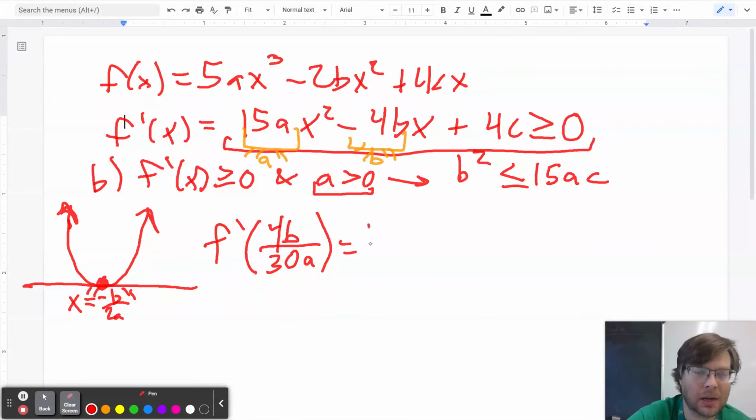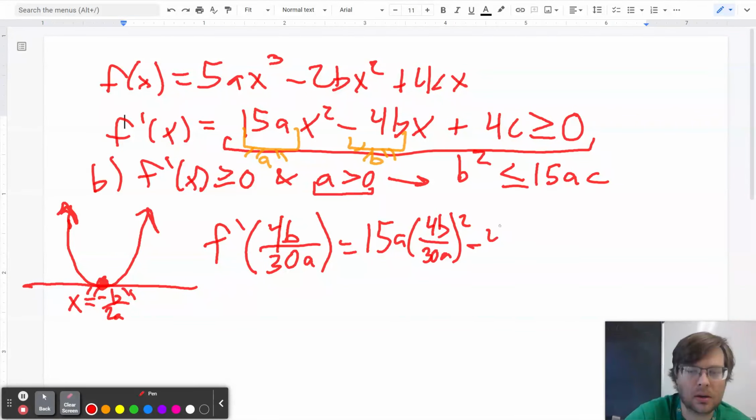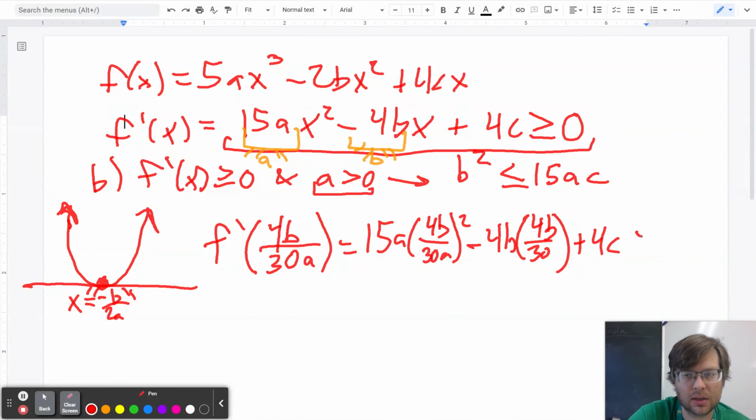And we'll see what pops out here. 15a times the input squared minus 4b times the input plus 4c greater than or equal to 0. And let's just see what ends up happening here.